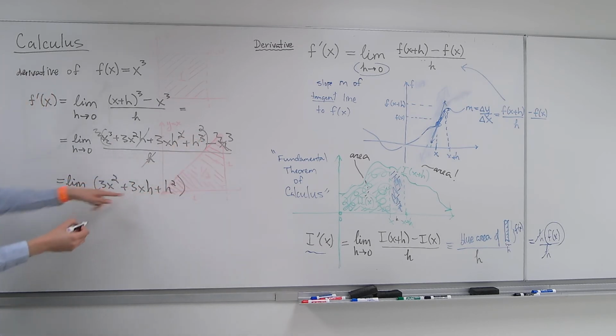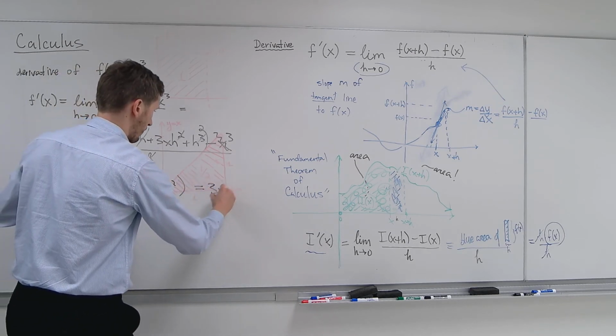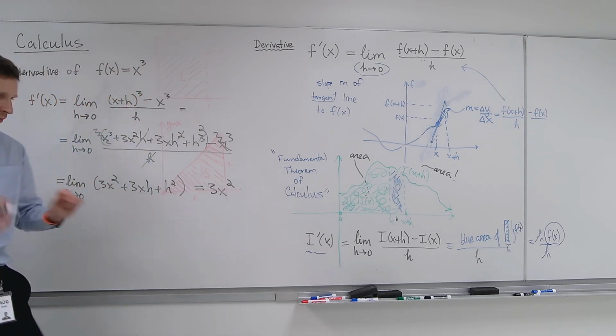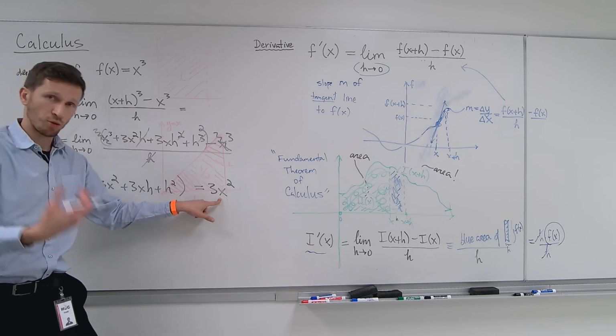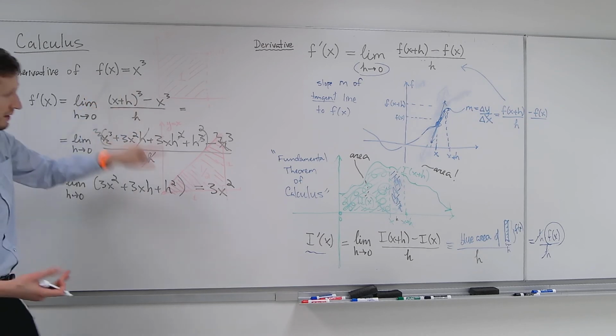And then, of course, with h going to 0, the only thing remaining is 3x squared. Well, why do we do all that? I have x squared. I wanted to find the area under x squared. I know that the derivative of x cubed is related to x squared.